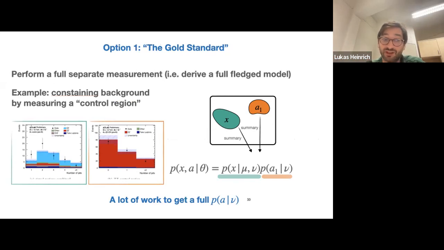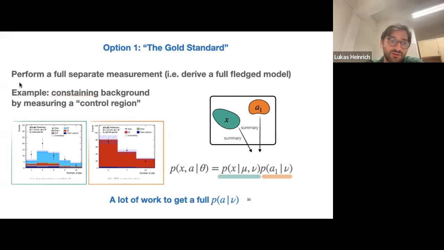Maybe they themselves have a big likelihood with hundreds of nuisance parameters and so on, but they measured a different part of the data space, and that part might be informative about specific nuisance parameters that you have to add to your model. By asking that person to provide you with their likelihood, you can just add it into your analysis.